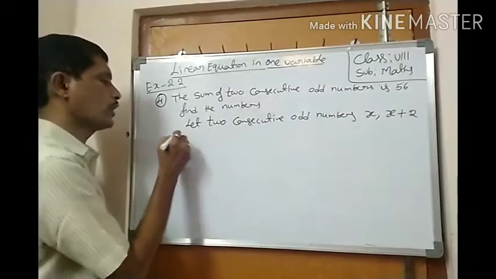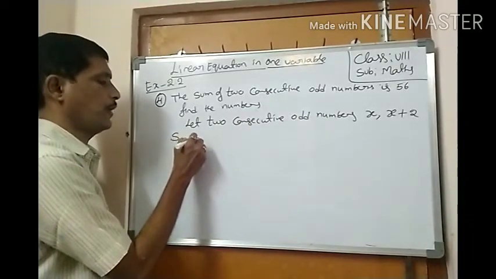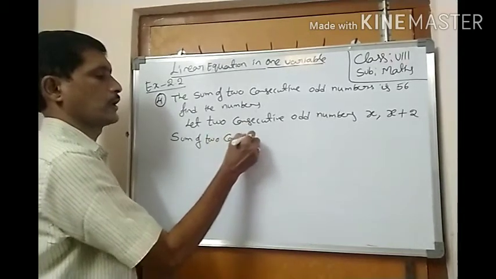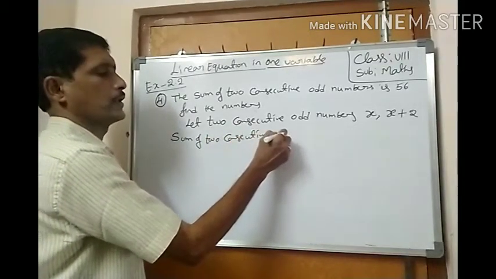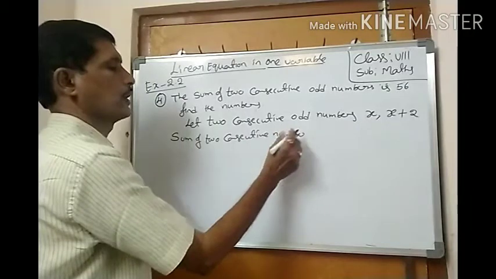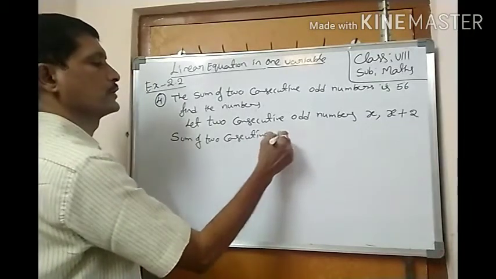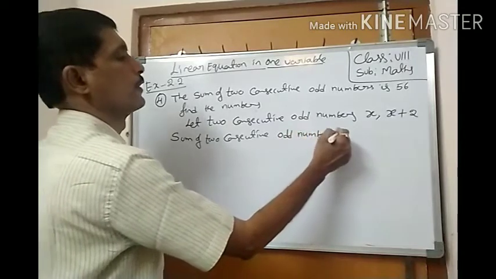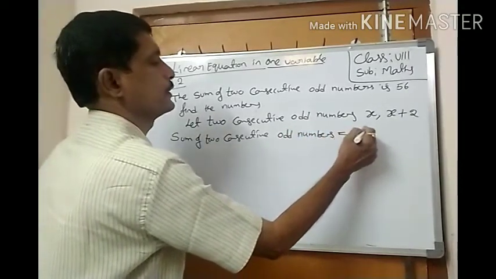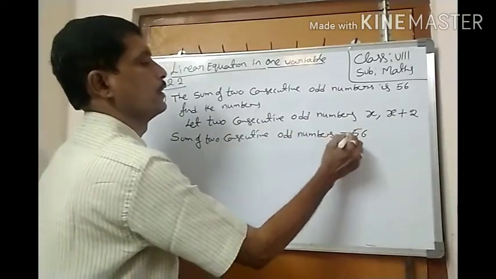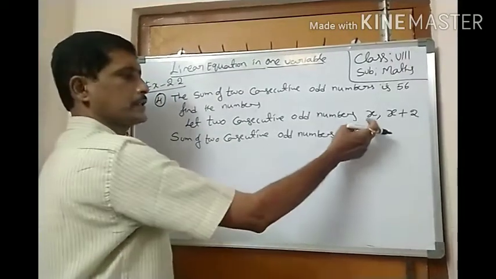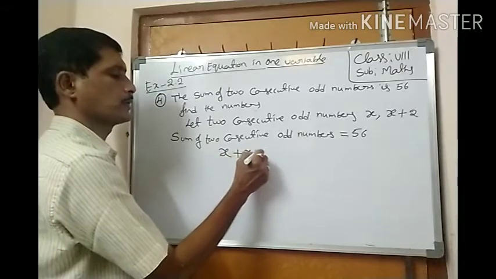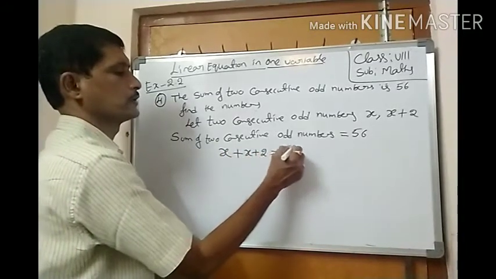Here the sum of two consecutive odd numbers, write down, equal to 56. You know the two numbers are x and x plus 2. One number is x, another number is x plus 2, and the sum equals 56.